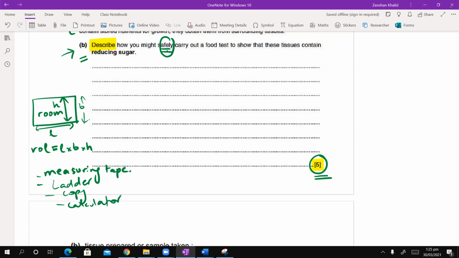So when you are doing ATP questions, you have to ensure that you change your frame of mind to practicality as much as you can. Okay, so if I were to write, for example, the same answer in an ATP exam, that I first have a measuring tape, that I measured the length first, and then when I have to measure the height of the room, I adjust the ladder at one side, I make sure that somebody is holding that so that I don't fall.